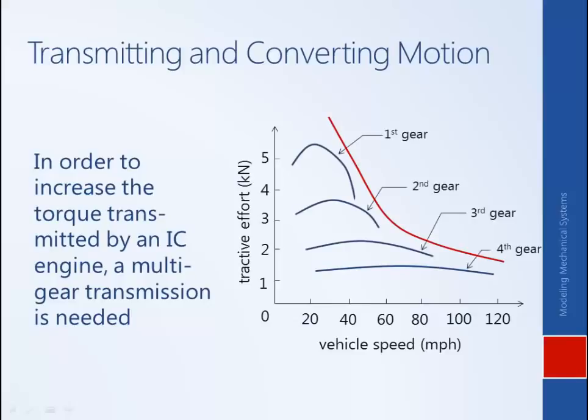So you use a multiple gear transmission in order to approximate this relationship, where you have high traction at low speeds and not necessarily as much torque at high speeds. It's interesting to note that with an electric motor, you don't necessarily need a transmission like this. You can achieve performance like that, indicated by the red line, just by the way that the motor is controlled.